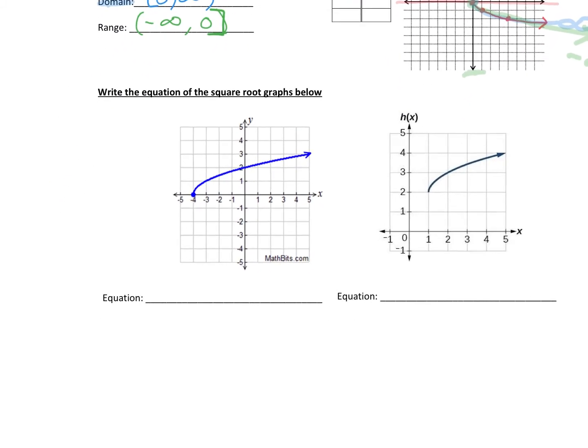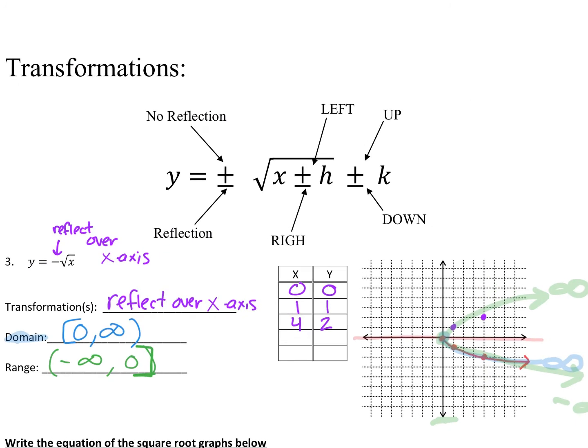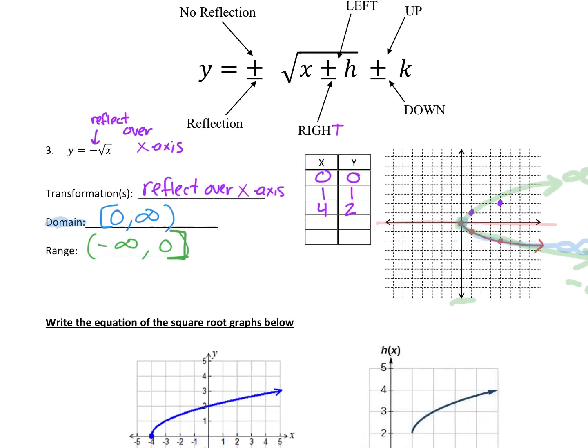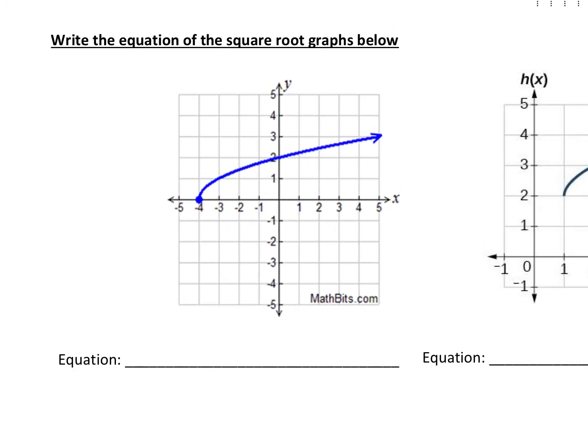All right, let's write equations for these graphs. I'm really going to be using this format that I have up here. I want to put a number on the inside for left or right, and then a number on the outside for up or down. So let's first look at this graph. From (0, 0), it went left 4. So that means on the inside of the square root, I'm going to have x plus 4.